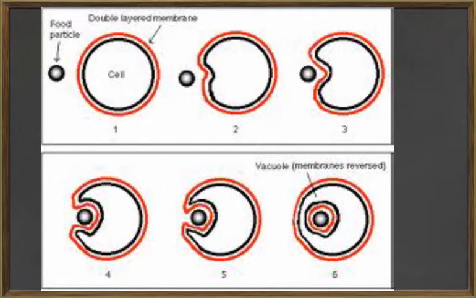What will happen is your cell membrane will start to make a groove, and it will take in that particle, that material, the ions, whatever it is that it needs to take. And it will create a vesicle, you guys have heard that word before, in order to take this material inside.